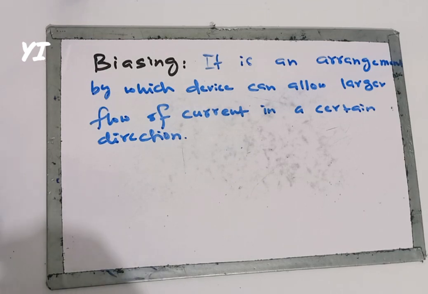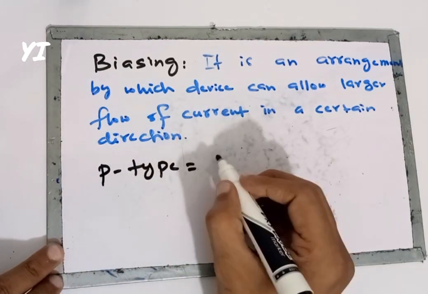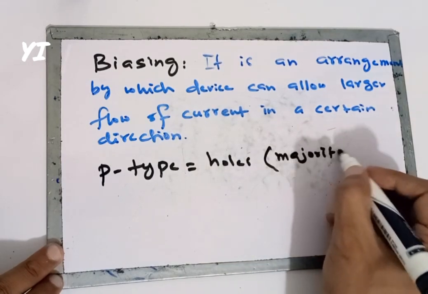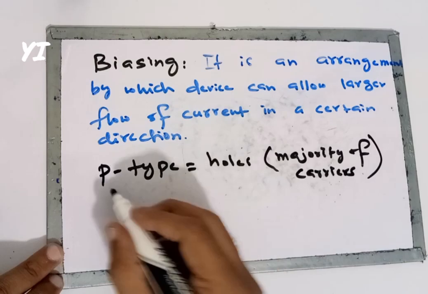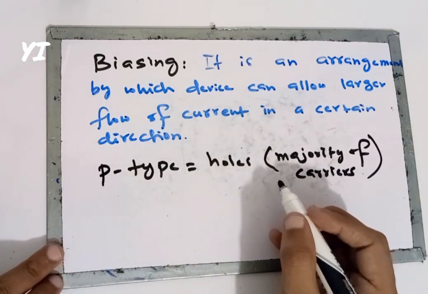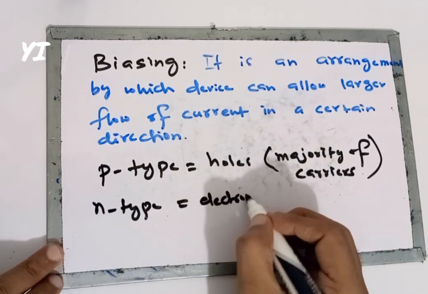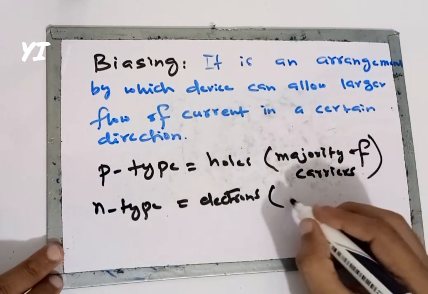For the biasing, we have to see other things too, like because of the p-type and n-type semiconductor used, the majority of carriers in p-type semiconductor material are holes, and majority of carriers in n-type semiconductor material are electrons.